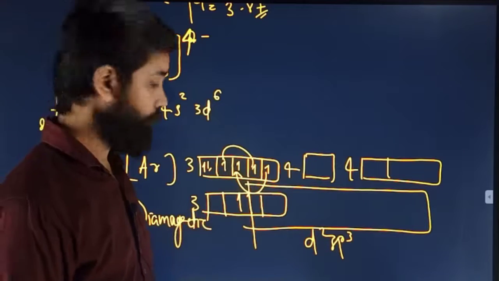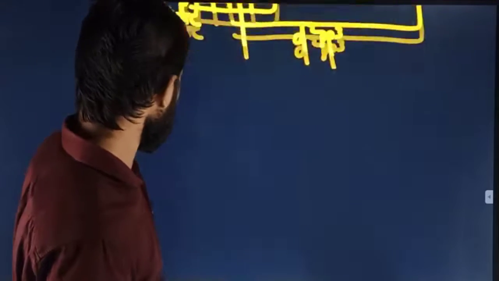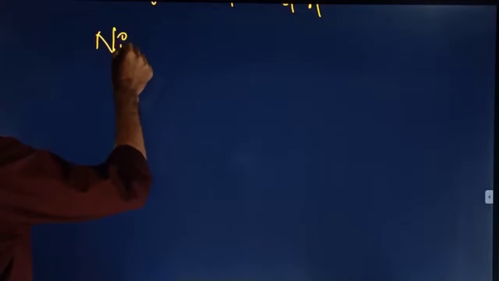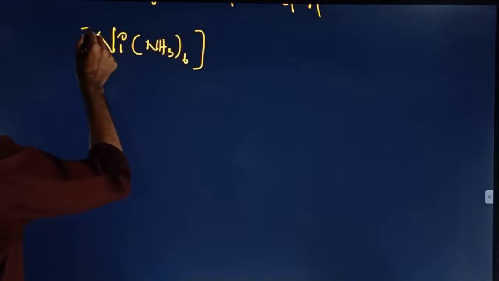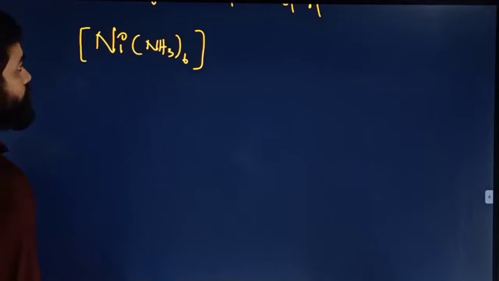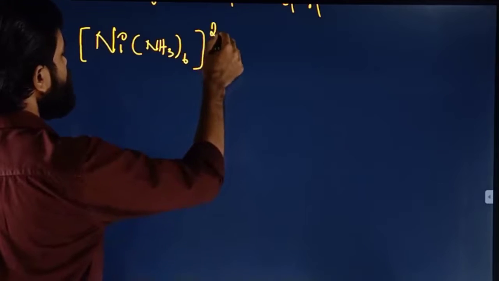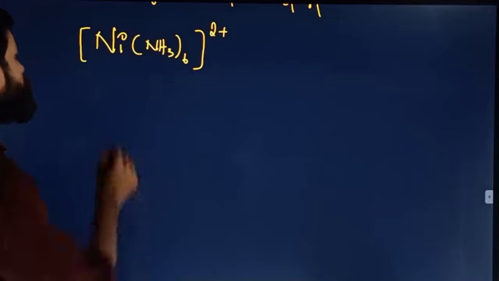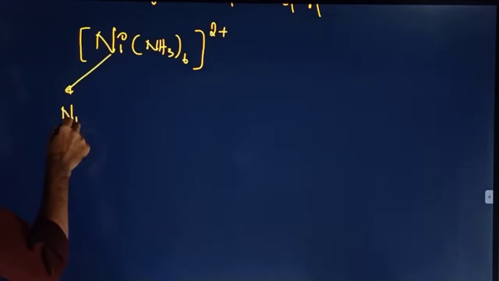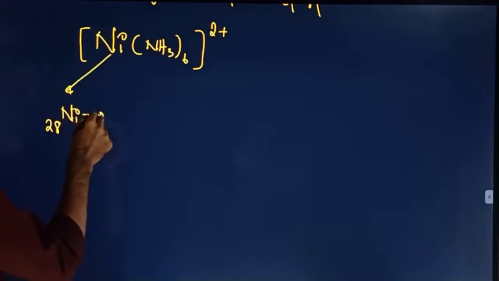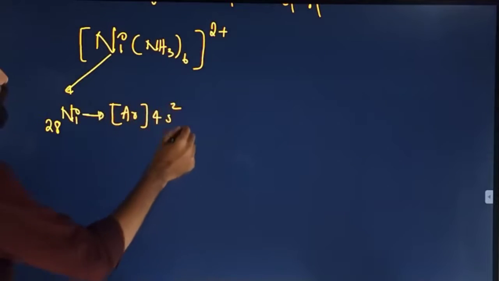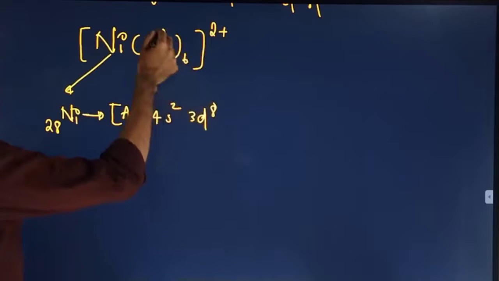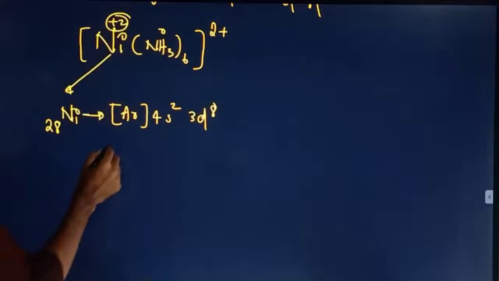Okay, ready. The next is [Ni(NH3)6]2+. So here the nickel with atomic number 28, argon 4s2 3d8, where the nickel is in +2 oxidation state here.